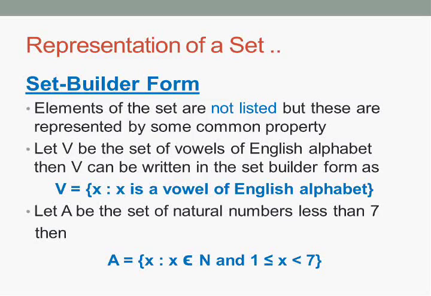Let A be the set of natural numbers less than 7. Then A equals the set of all x such that x belongs to N and 1 less than or equal to x less than 7. Now let us consider the above example which we have already gone through in set builder form.